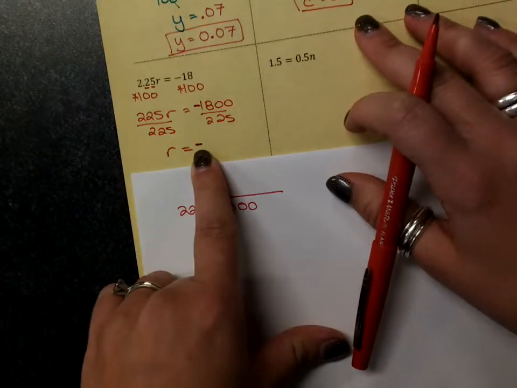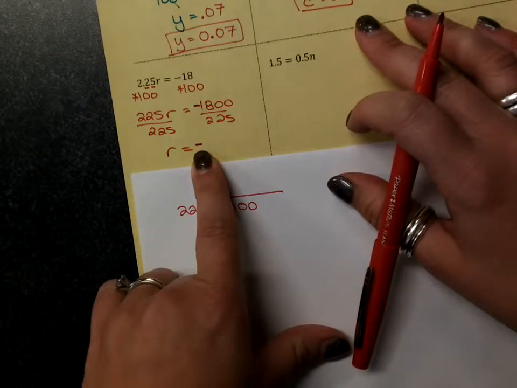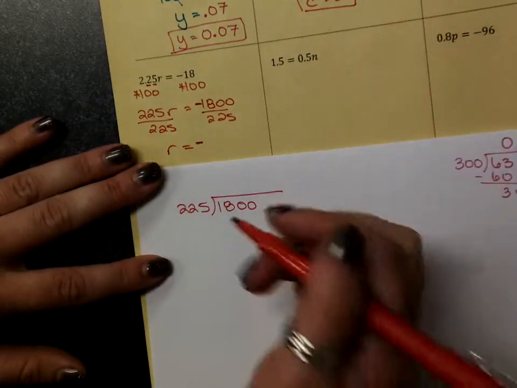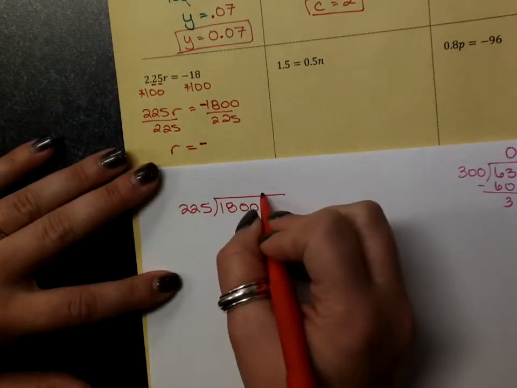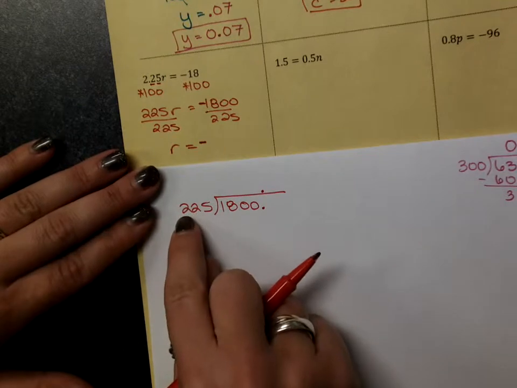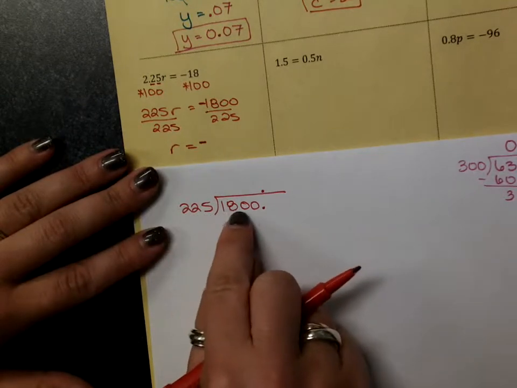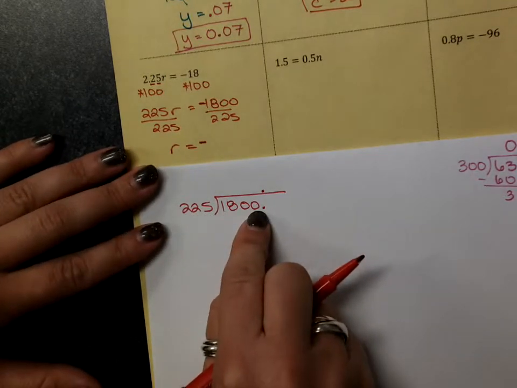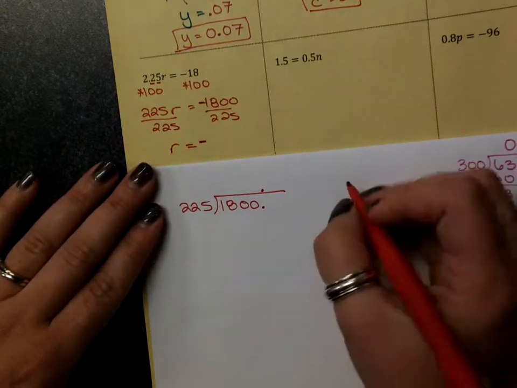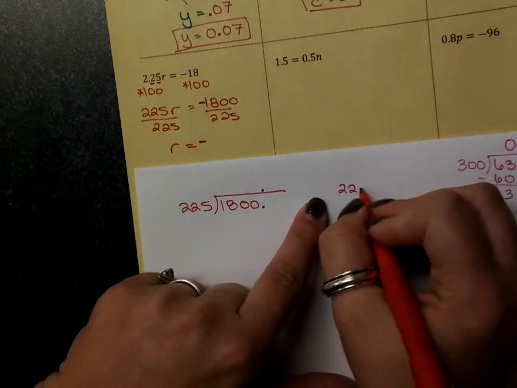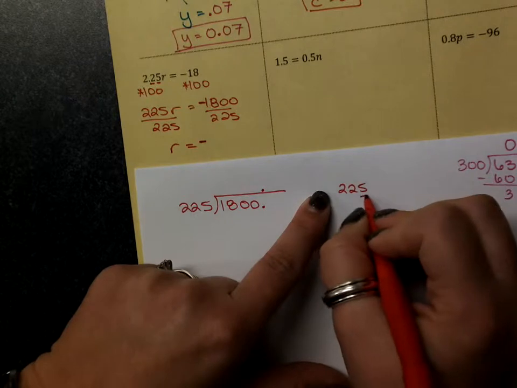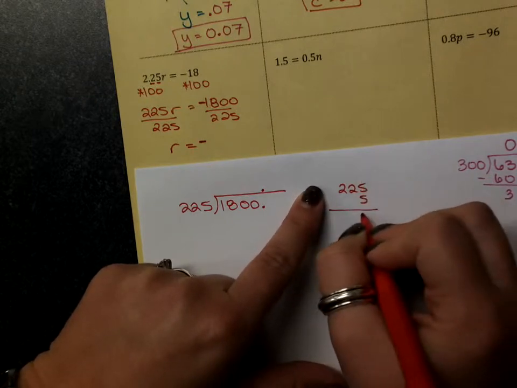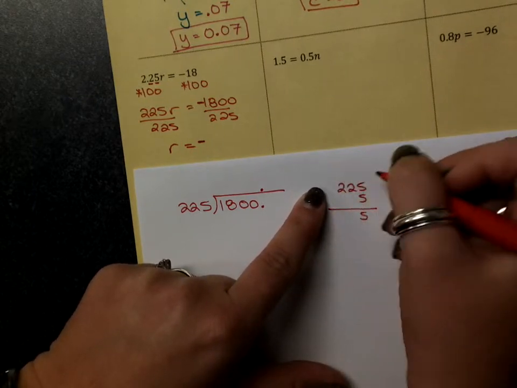I always put the sign first so I don't forget about it later. The decimal point is here. We need to think how many times does 225 go into 1800, and this is really just a guessing game. You can guess any number. Let's see if I guess. I'm going to guess 5 and see how I did. We'll just have to multiply it out.